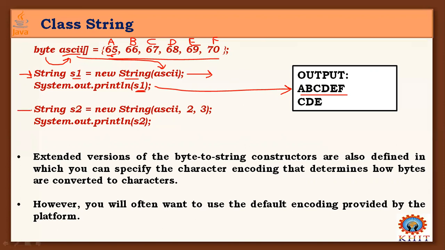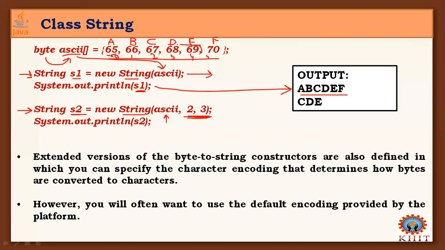The second constructor for this: I'm creating object S2 of the string with a constructor taking this byte array as a parameter along with two integer values, as we saw in the previous one, 2 and 3. Here 2 is the starting index of the ASCII bytes, 0, 1, 2, and 3 is the count, covering 2, 3 and 4.